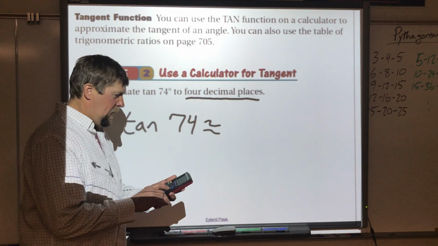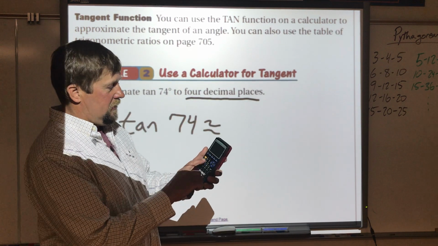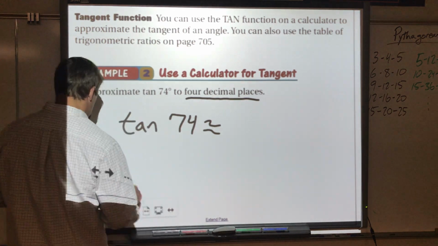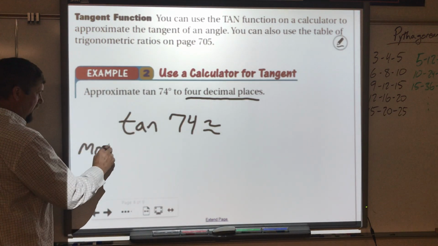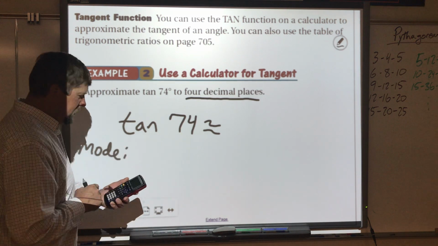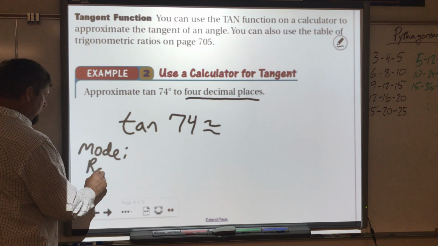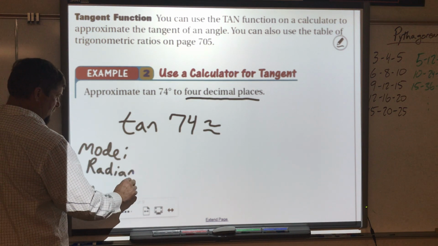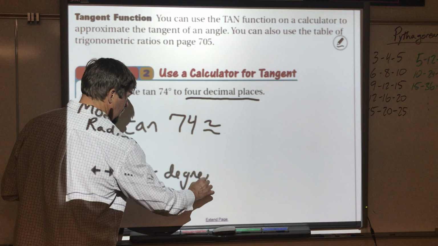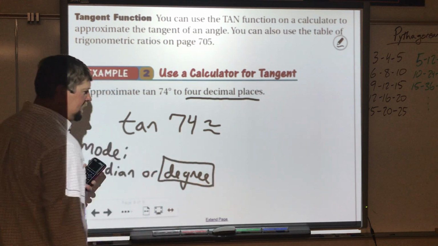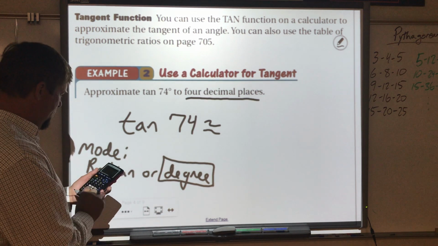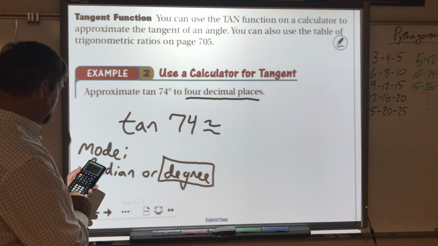If you have a graphing calculator, the first thing you should do is go to mode. On your calculator, the third line down says radian or degree. You want the degree highlighted, so you'd have to go down and over to degree and push enter.